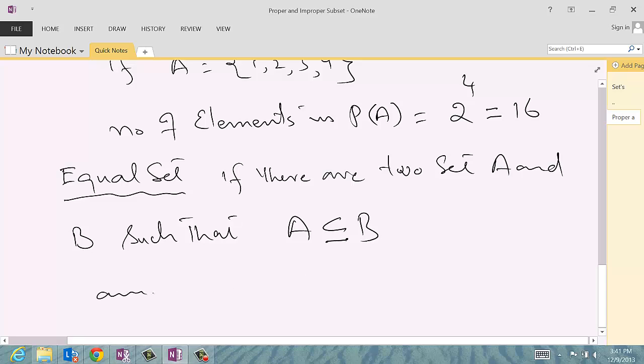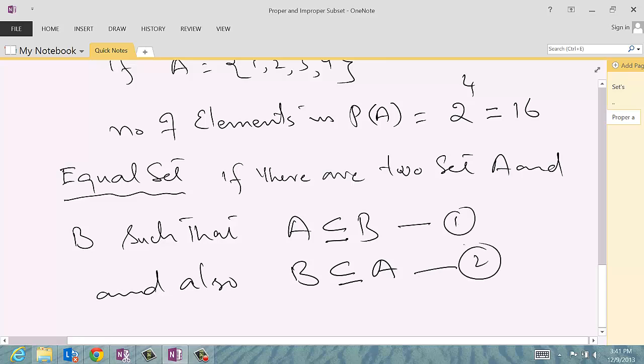And also B is subset of A. Now if you take a look on these 2 relations, doesn't it mean that A is equal to B?